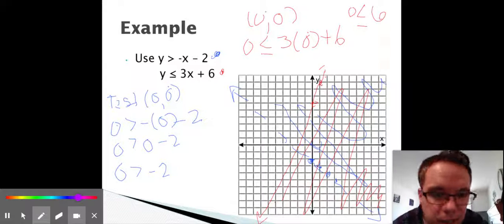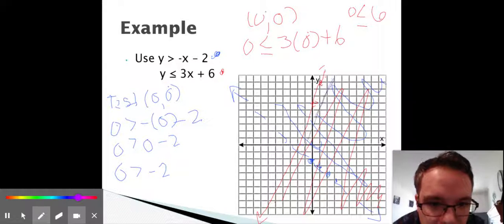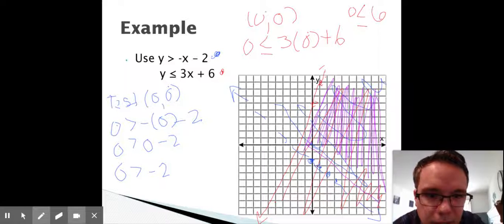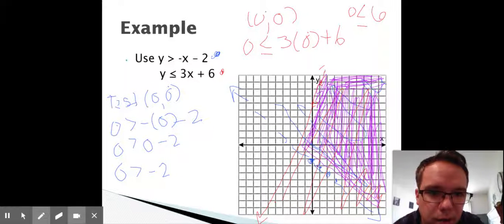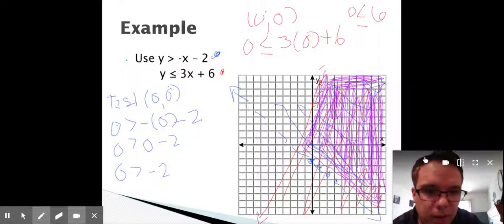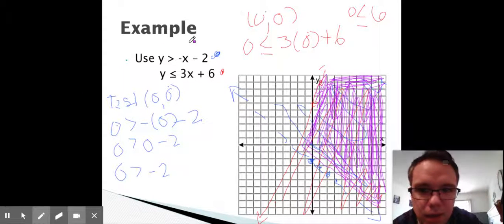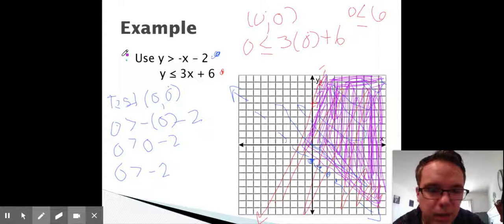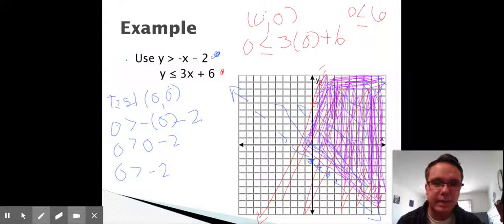All right, the place where they overlap is in this section right here. So I'm going to make that the purple part. Where they overlap is my solution. So in this area, if you picked any one point out of this area, you would get a true statement for this inequality and a true statement for that inequality.